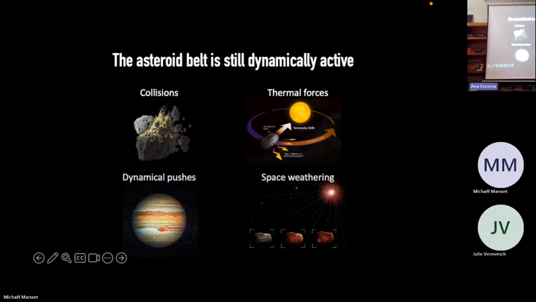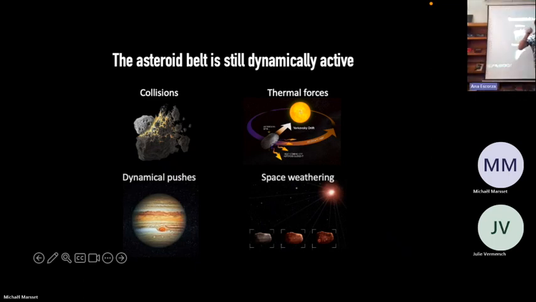So the solar system is very active, and the asteroid belt is evolving today through different physical mechanisms. The first one is stochastic collisions between small asteroids. Then we have thermal forces from the Sun that play an important role.